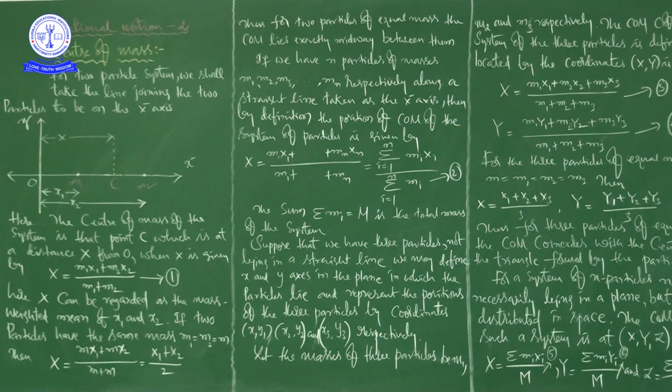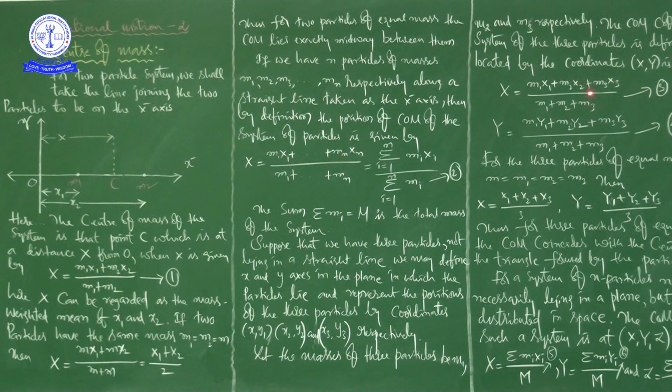Okay, right. Now see here, the results of these two equations, equation 3 and 4, can be generalized to a system of n particles. The same thing you can extend to n number of particles now.